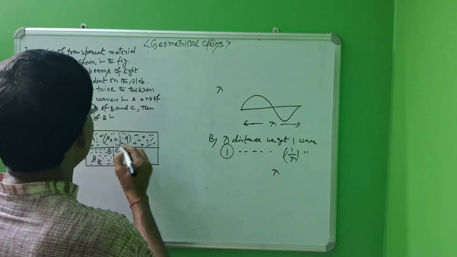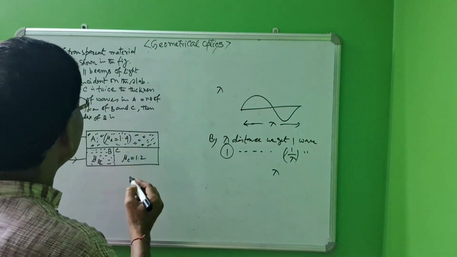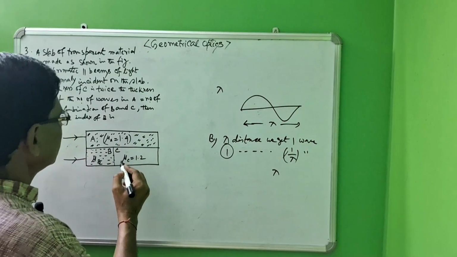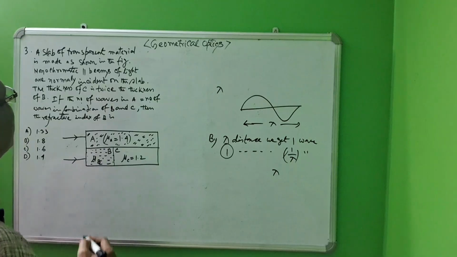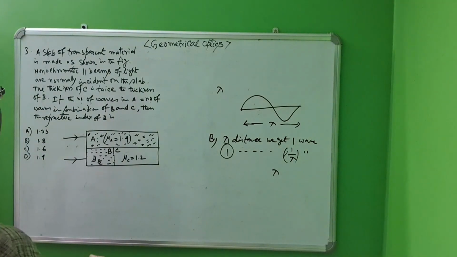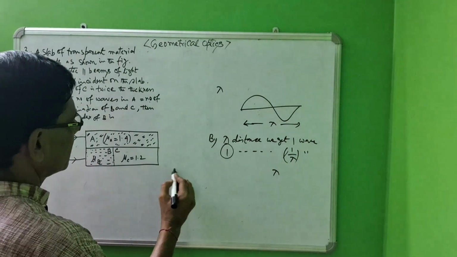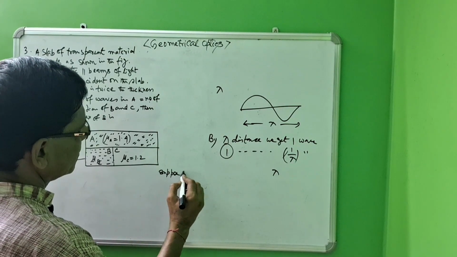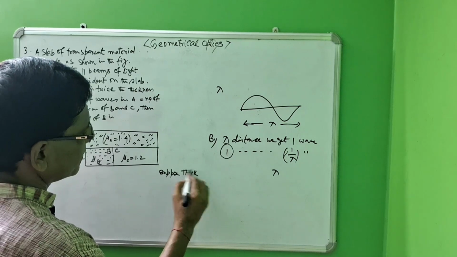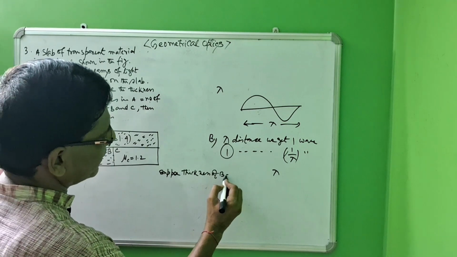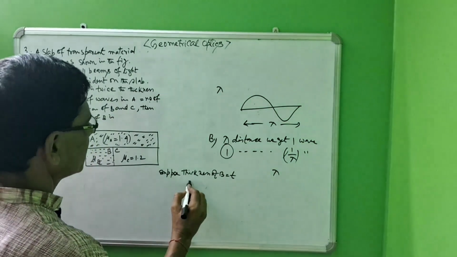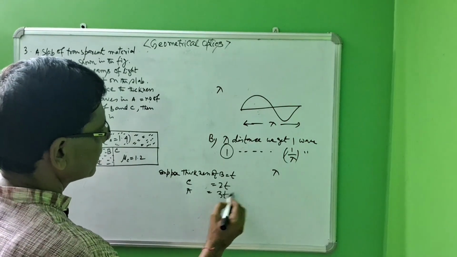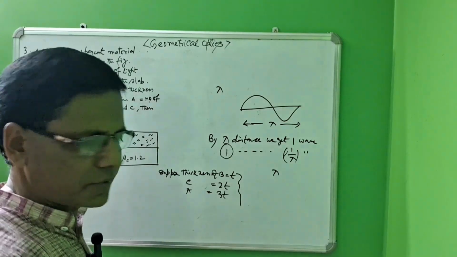Now according to the problem, the thickness of A is the thickness of B plus C. Suppose the thickness of B equals T. So that of C will be twice T and that of A will be thrice T.